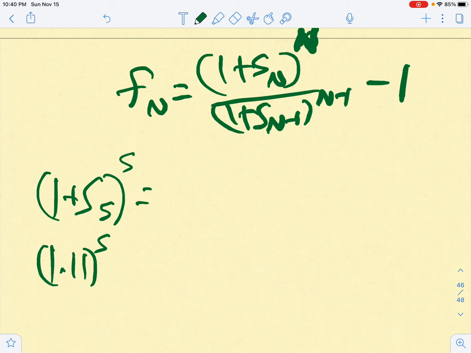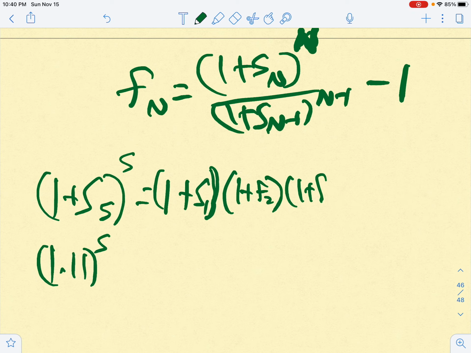Okay, but this is equal to 1 plus the 1 period spot rate times 1 plus F2 times 1 plus F3 times 1 plus F4 times 1 plus F5. Okay, so that's equal to that.